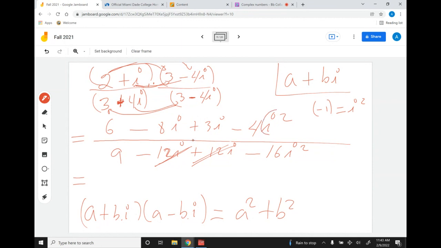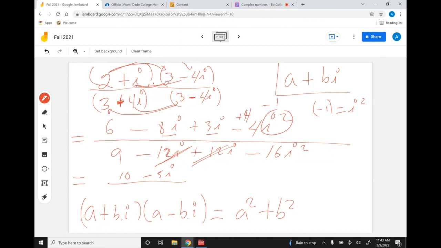So this becomes negative 1. Negative 1 times 4 is plus 4. This plus 4 now will be added to the 6, which is why you get a 10. 6 plus 4 is 10. Then you have negative 8i plus 3i, it will be negative 5i. So that would be my numerator.